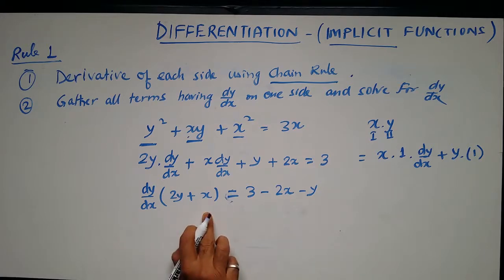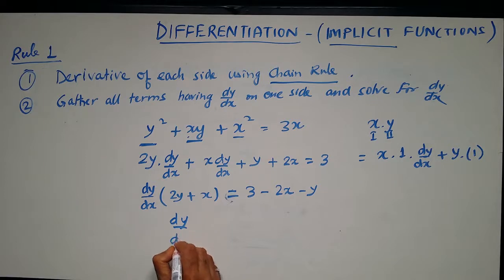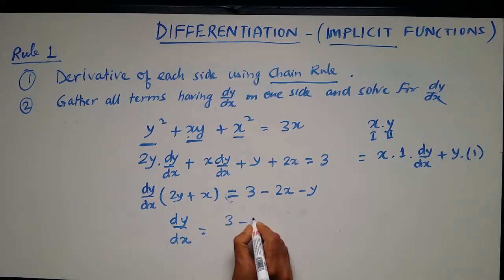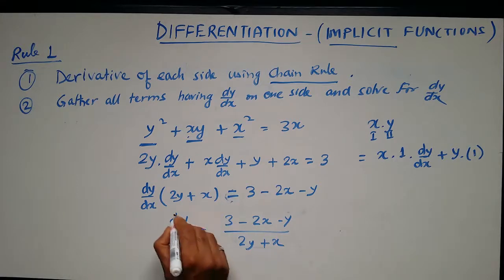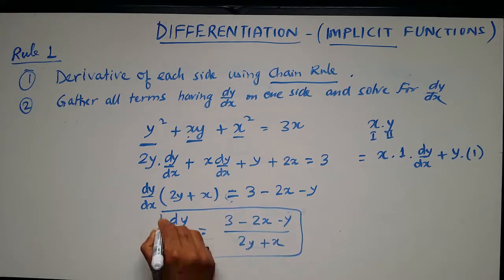Now if we divide this expression by 2y plus x, this and this will cancel off. So we get dy by dx is equal to 3 minus 2x minus y upon 2y plus x. This is the expression for dy by dx.